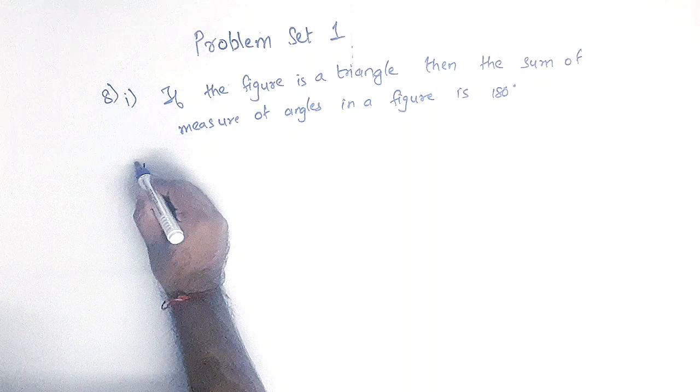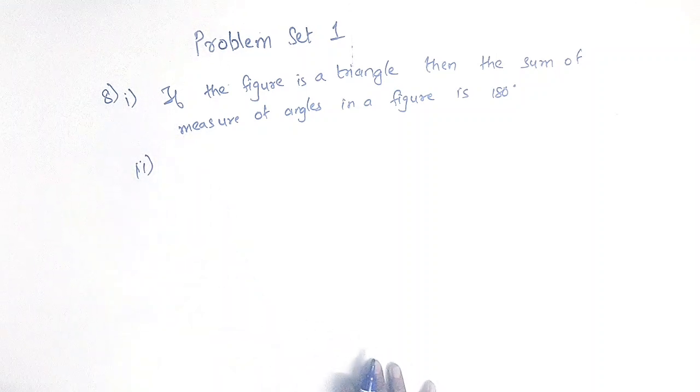Then the second one: if the sum of the measures of two angles is 90 degrees, then they are complementary to each other.